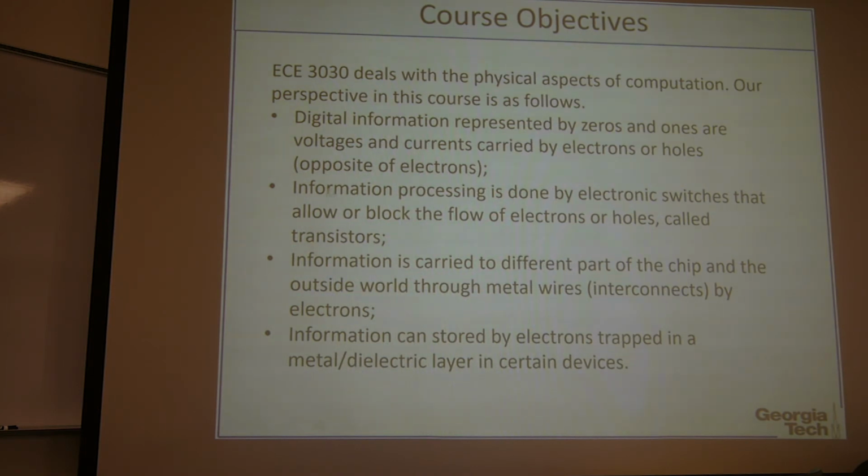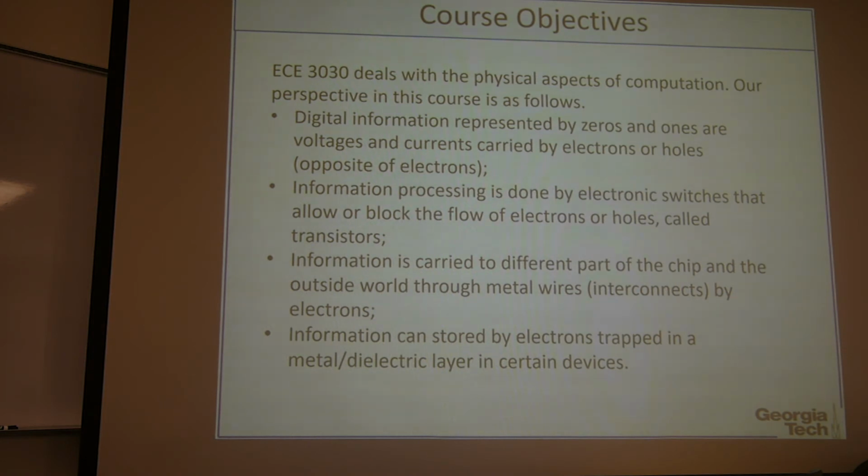And we need to understand that information processing is done by electronic switches to allow or block the flow of electrons or holes. And essentially, we call this electronic switch a transistor. So this is the fundamental building block for all the digital system.